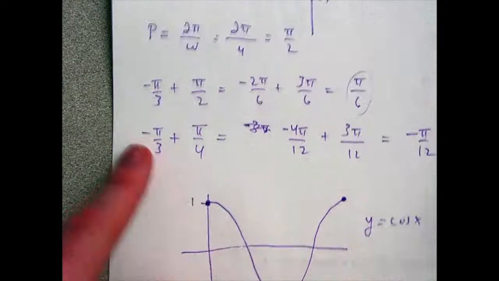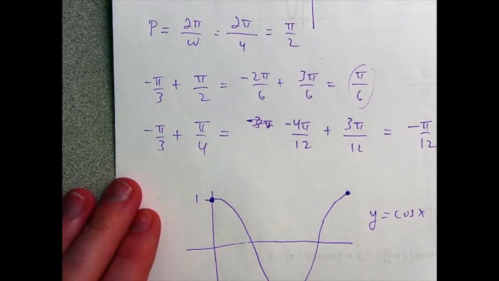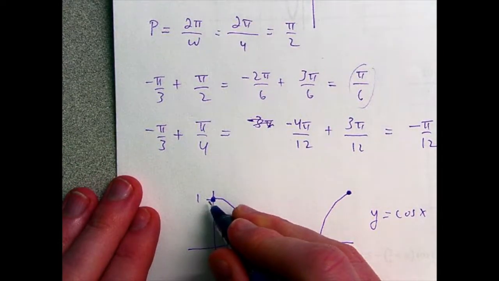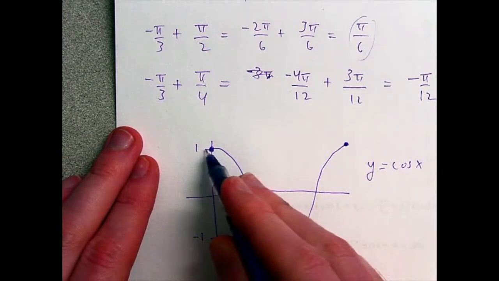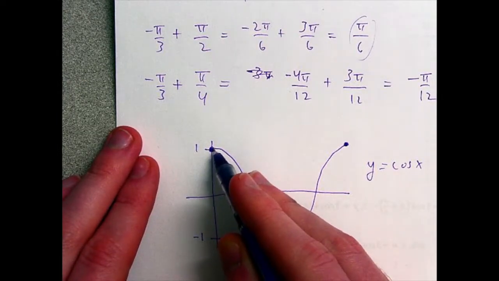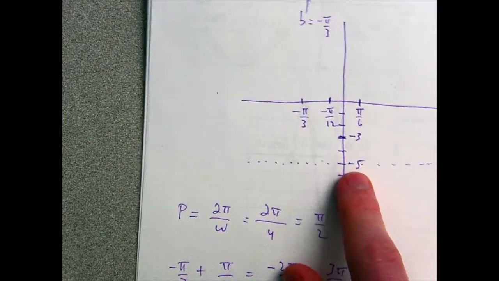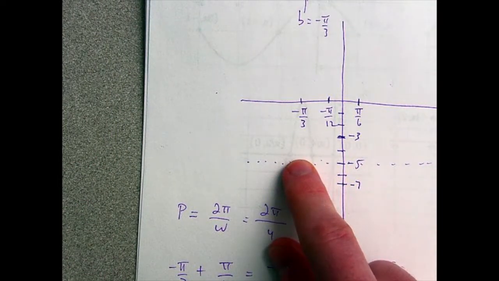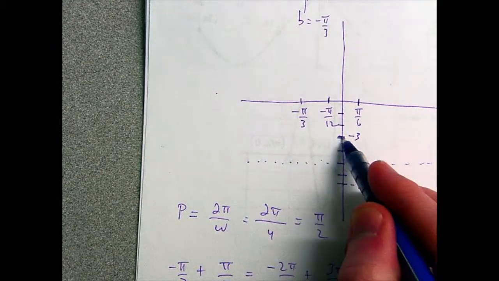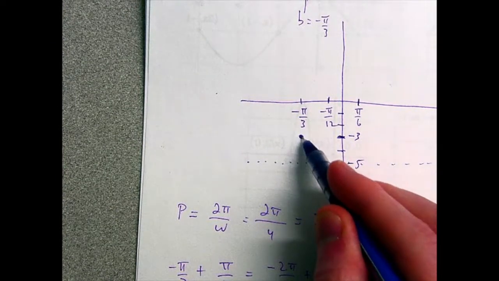All right, so where are these 3 points? If you notice, this point here in the basic cosine graph, it's at the beginning of the cycle, and it is at the top bounce number. So I go to my graph, beginning of the cycle, at the top bounce number. So here's the top bounce number, -3, so right there.